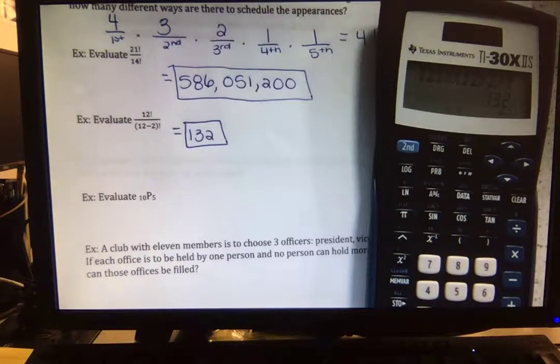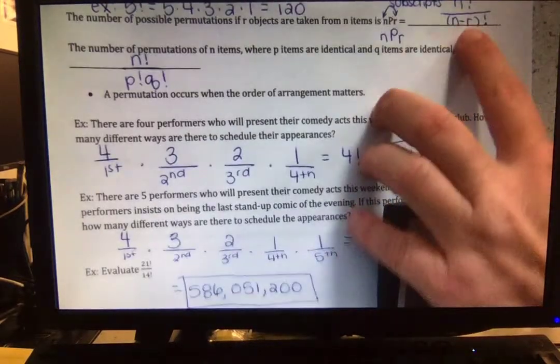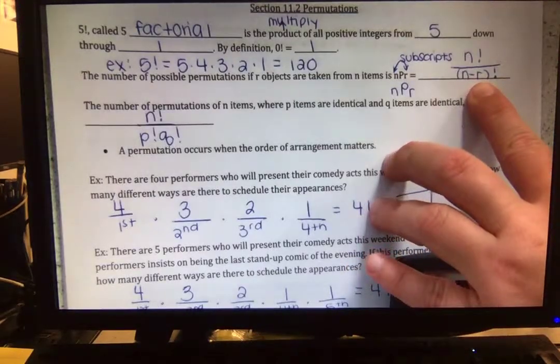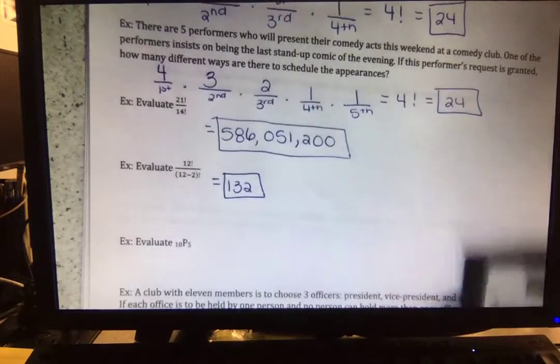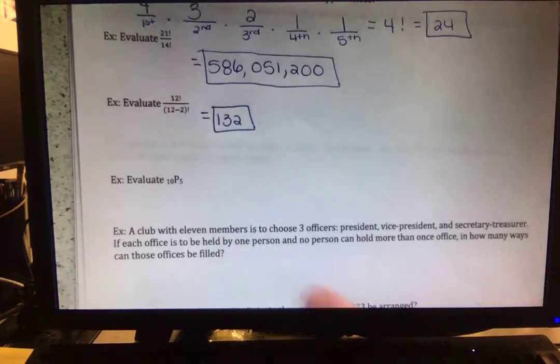If you notice, 12 factorial divided by 12 minus 2 factorial was that formula that we talked about in the beginning, that permutation formula up here, n factorial divided by n minus r factorial. So we already did it. Now they give it to us in the permutation form: 10 permutation 5. Here it's telling us we had 10 items and we're choosing 5 of them.